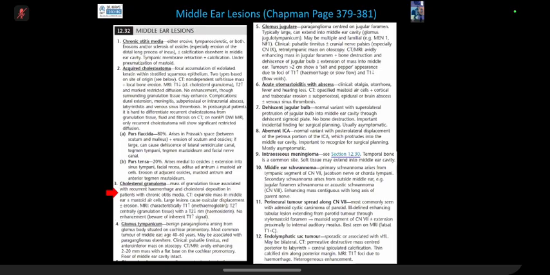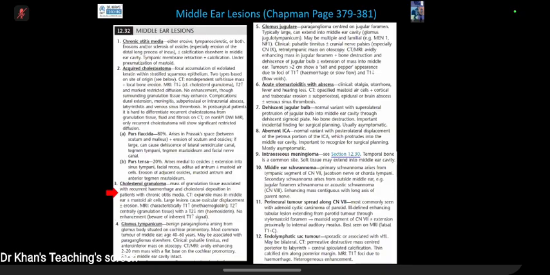The main pathology to remember is that there is granulation tissue inside, a bit of hemorrhage, and there can be cholesterol inside. The key finding, number one, will be expansion of the bone, either in the middle ear or in the petrous apex.